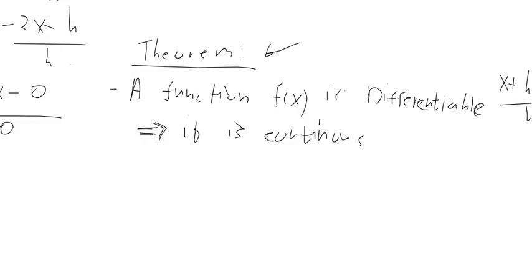It only shows one direction: f of x is differentiable implies that it's continuous. It can never be the other way around. It cannot be that continuous implies differentiable. That is false. And the fact that this theorem only has one implication and not a biconditional automatically tells you that the statement we were proving in the question, our counterexample, is correct.